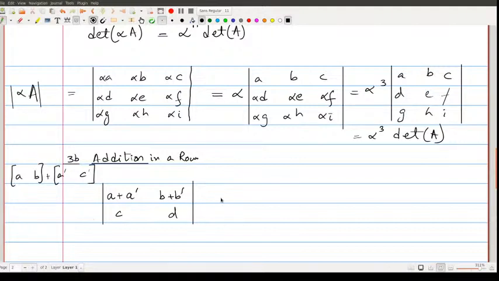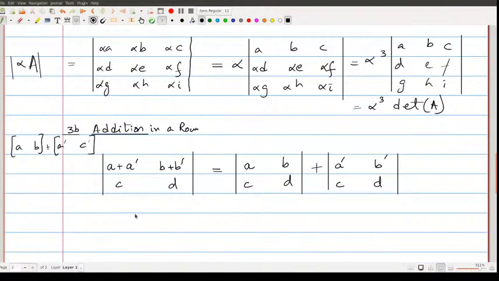And this tells us that if linearity is preserved in a row, then the determinant of the matrix with first row A plus A prime, B plus B prime, and second row C, D is equal to the determinant of this plus the determinant of the second matrix, which can be made from A prime, B prime, C, D, right? So notice how this property is preserved.